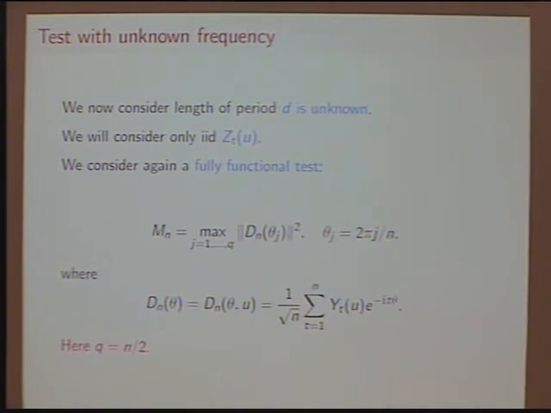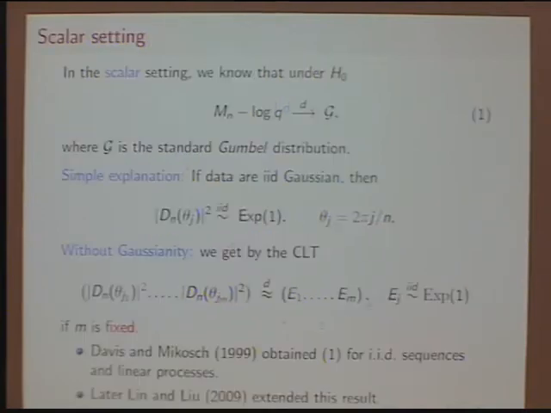Since you have real and complex parts, you get two chi-square variables, and if you add two chi-square variables, you get an exponential variable. That's basically the explanation, so that's kind of trivial. You will find in any textbook that if you have IID scalar data, then this is just IID exponential variables. The simplest extreme value you can find is the maximum of IID exponentials, which converges to a Gumbel.